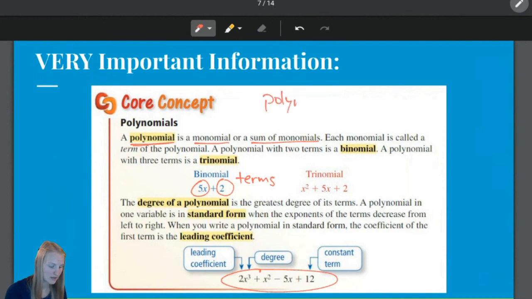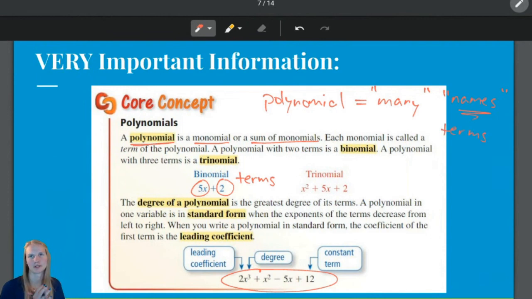This is the part where we said polynomial means many names. We think the names portion refers to the terms. So, when I said many names might be confusing, we think of it as many terms because we're adding up.